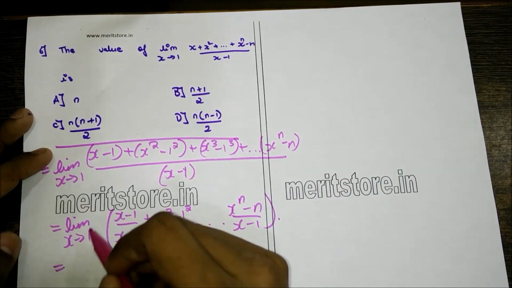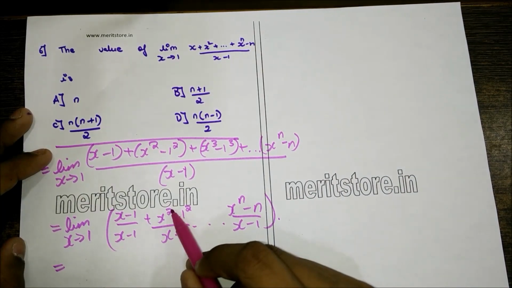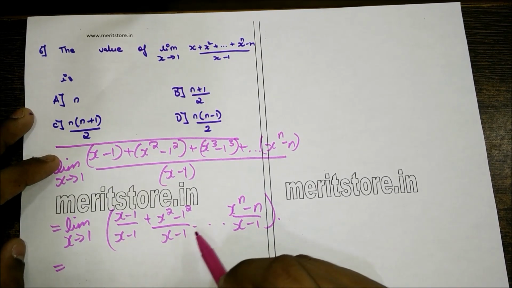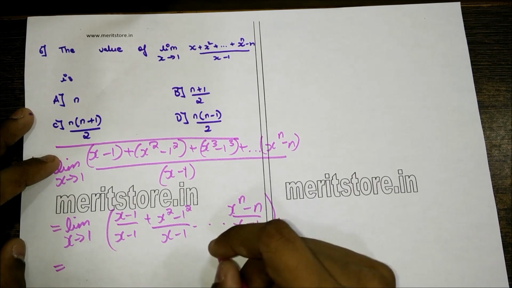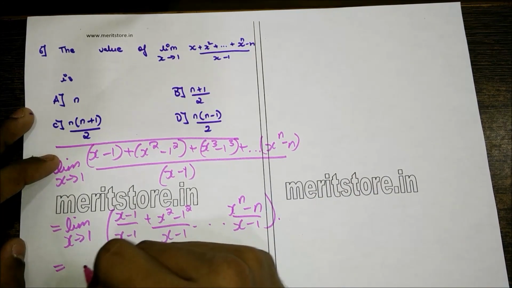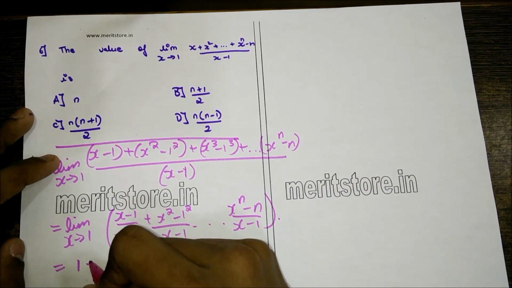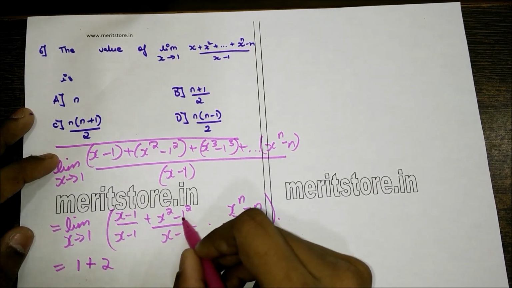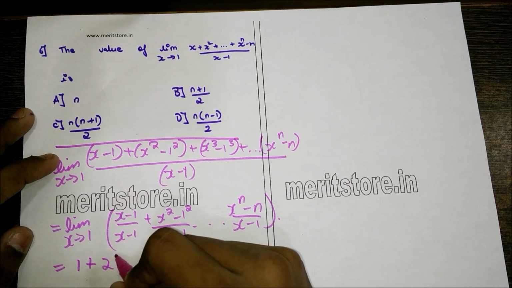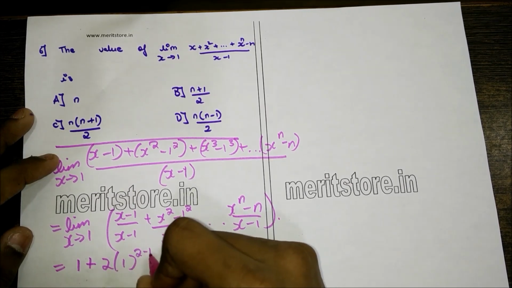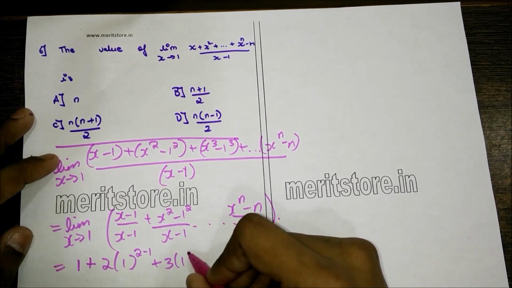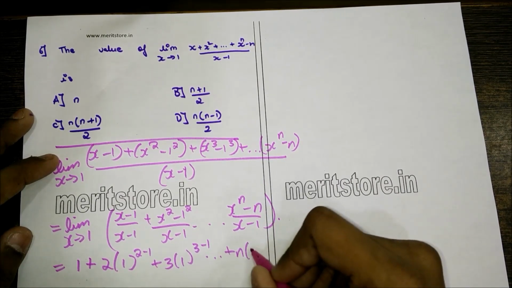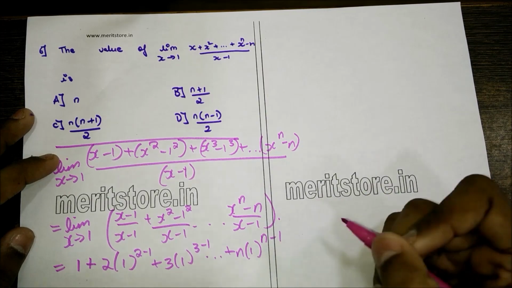Now we can apply the limit of x tends to 1, and you can see wherever 1 is replaced it will turn to (1 minus 1) upon (1 minus 1), that is 0 by 0 terms. So therefore we are left with, we take x minus 1 out, 1 plus 2 into 1 raised to 2 minus 1 plus 3 into 1 raised to 3 minus 1 and so on up till n into 1 raised to n minus 1.